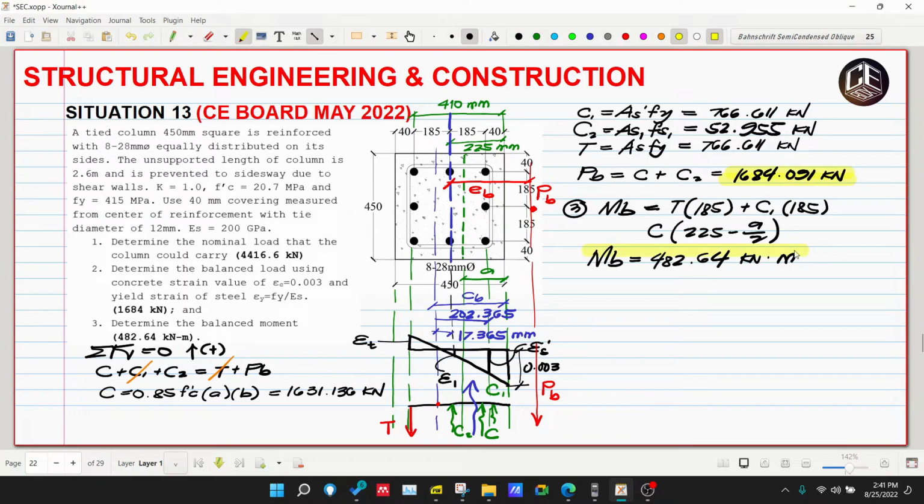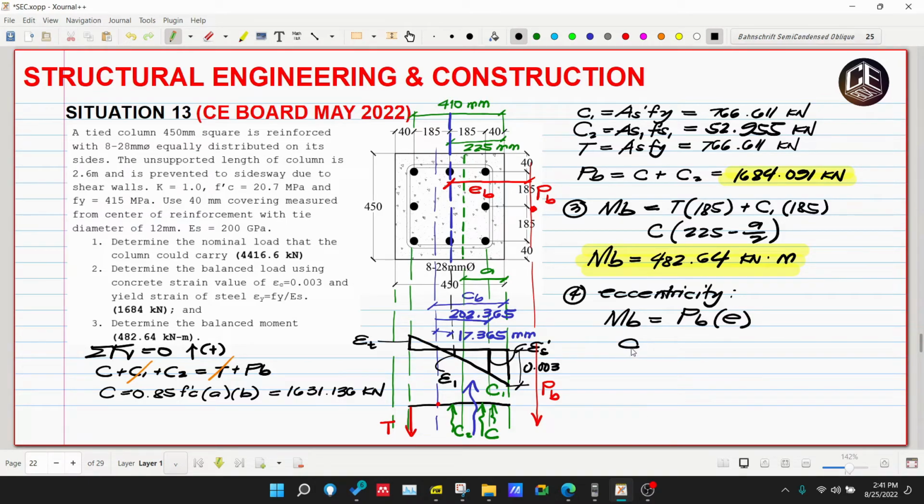Okay, so question number 4, kung sakali man, kasi naalala ko nung batch namin, pinapahanap rin yung eccentricity. Ayan. Okay, so kapag pinahanap naman yung eccentricity, since meron tayong balance moment at meron tayong balance load, makukuha na natin yung ating eccentricity. So, ang ating balance moment ay equivalent sa PB, then multiplied by eccentricity.